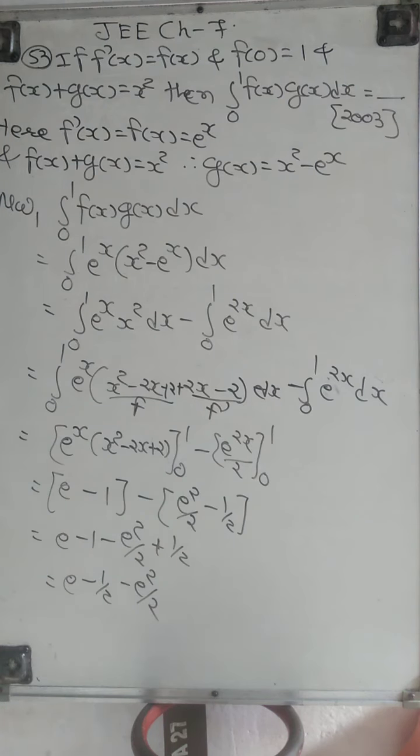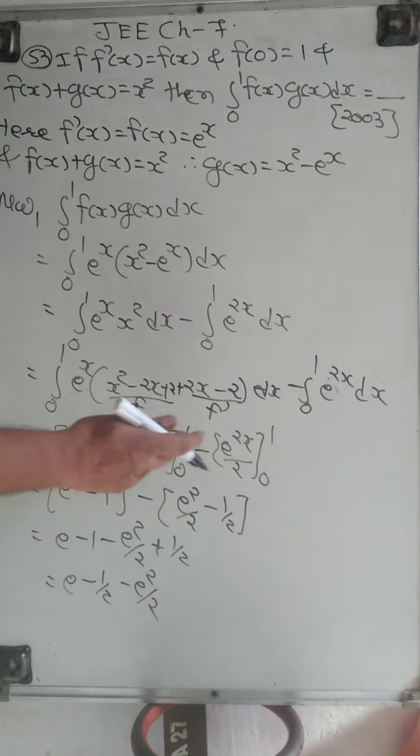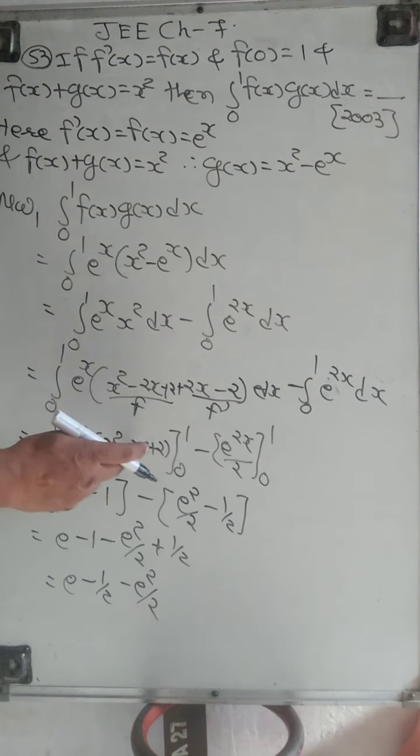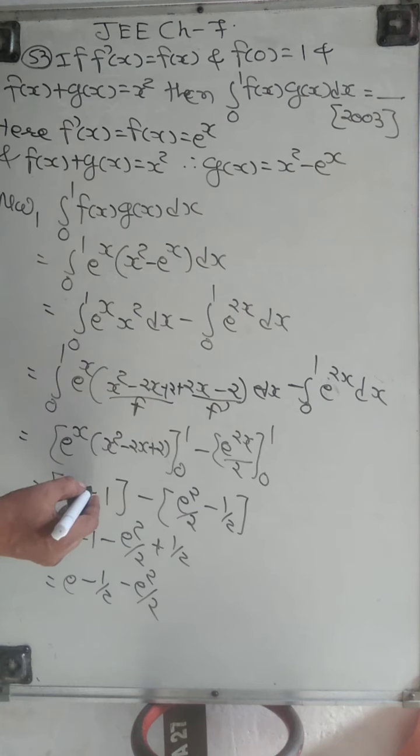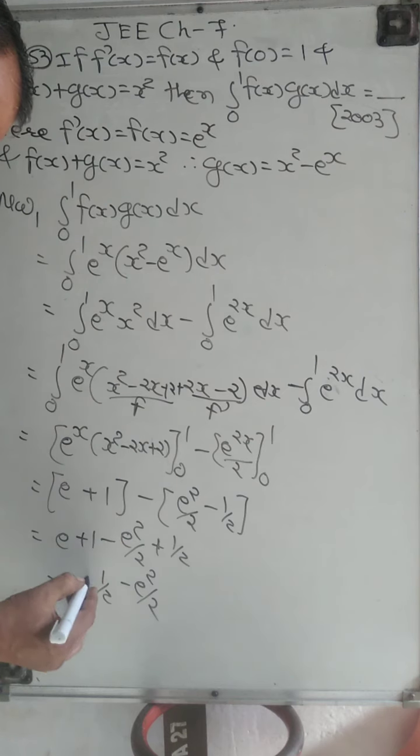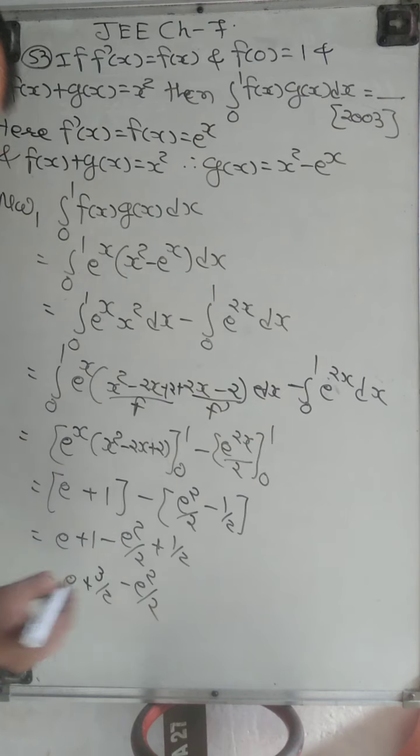So this is our final answer, that e minus, just a minute, here minus 2x is there, this becomes plus, and here when we put 0 then 3, it is plus 1 is there, so it is plus 3 by 2, right?